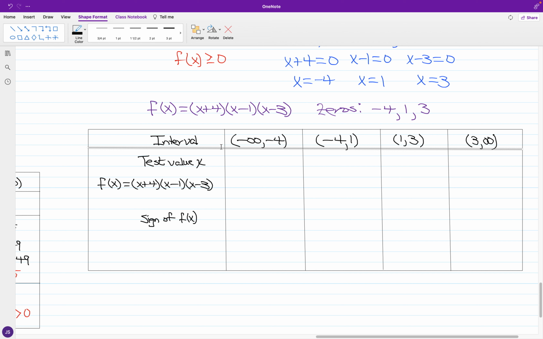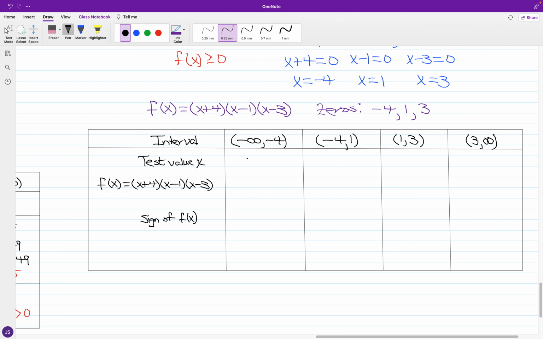For any test values, we can select, for anything less than -4, we'll go with -5. Anything between -4 and 1, we can go with 0. And between 1 and 3, if I go with an integer, I can only go with 2. For anything greater than 3, we can go with the number 4.